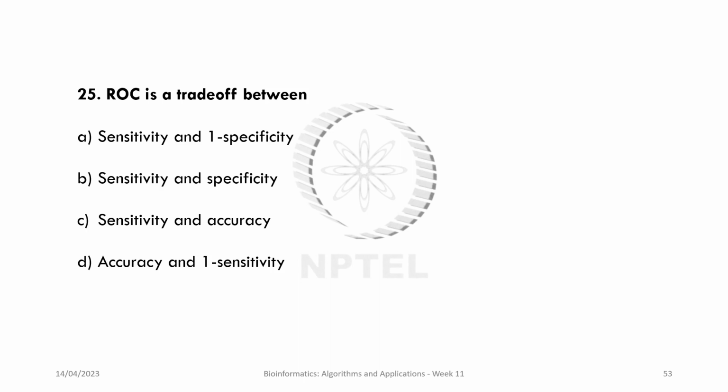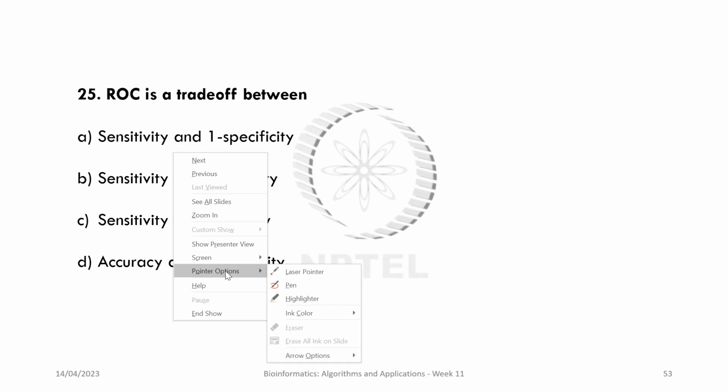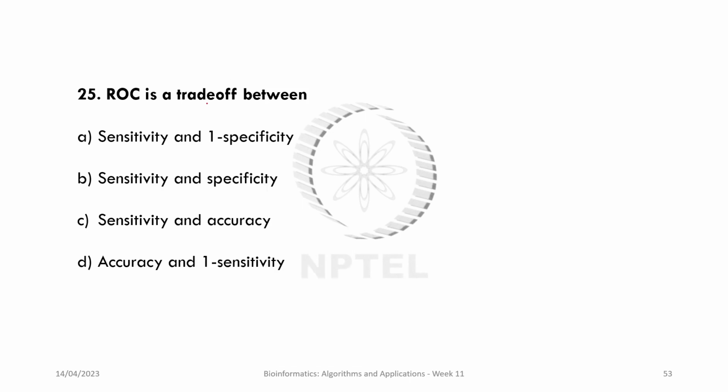Guys, let me know if there is an issue with audio, video, internet connectivity, something. Okay, at least I know you guys are there now. Okay, Nagamani says B. Two options, two votes for B.